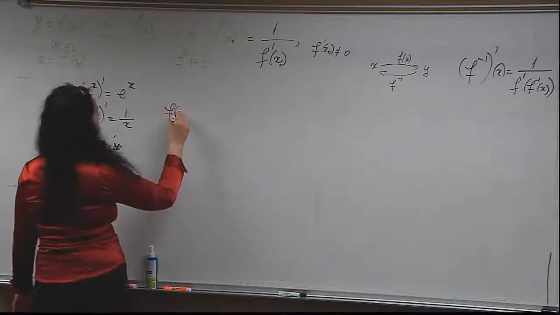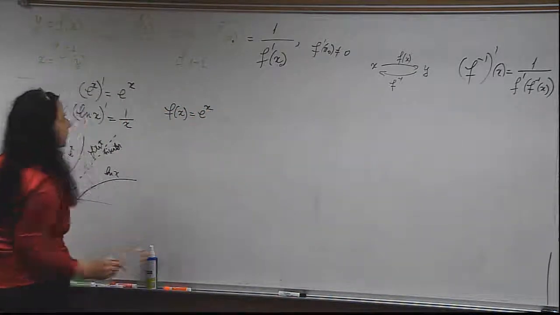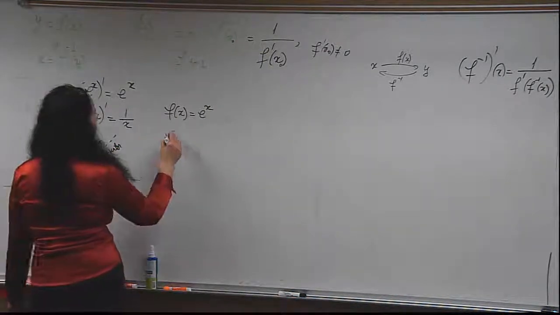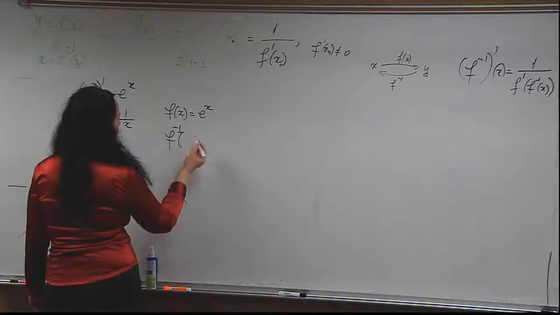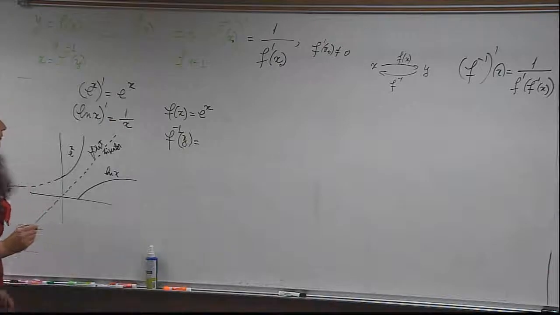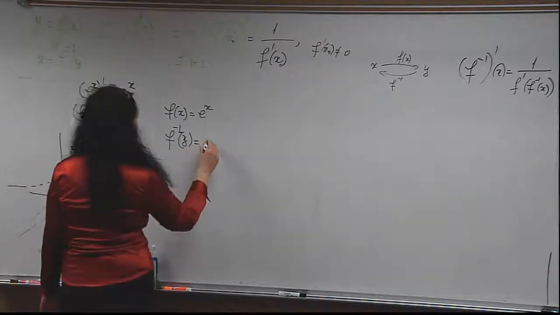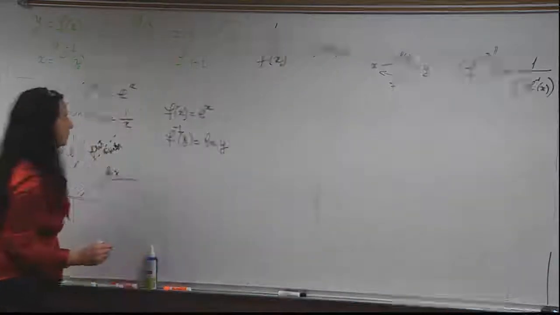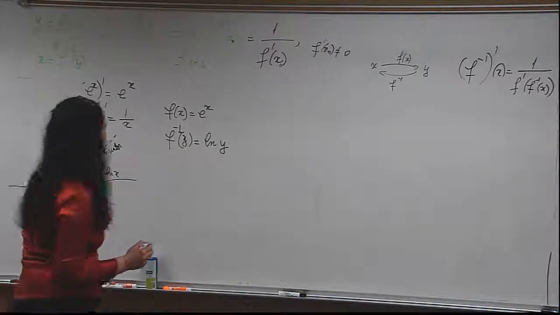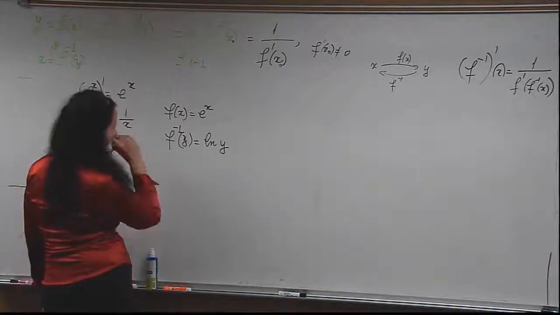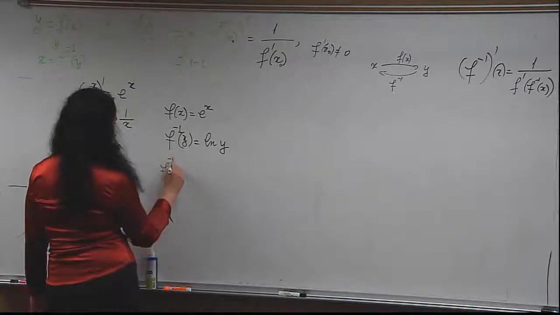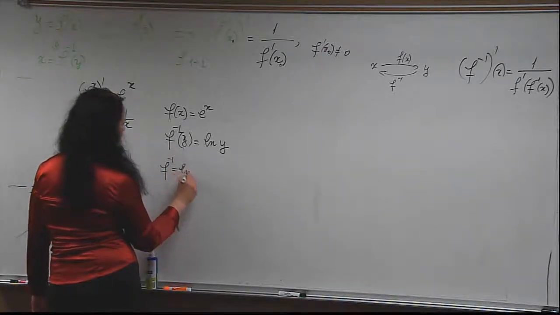Assume that f of x is e to the x, right? Okay, f inverse of, well, let's say f inverse of y. That would be natural log of y, right? So f inverse is natural log.